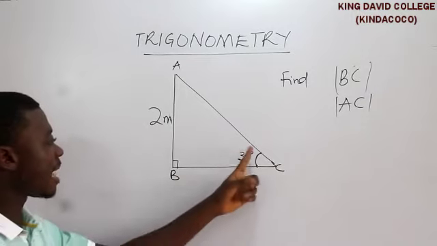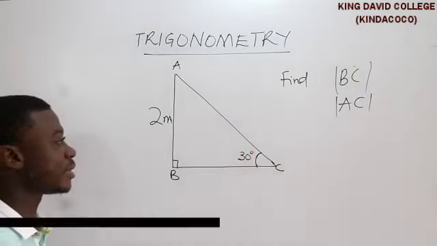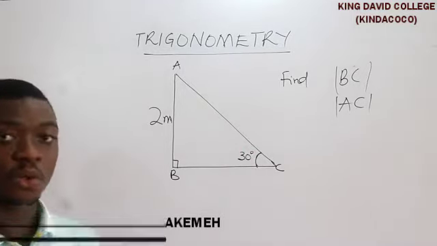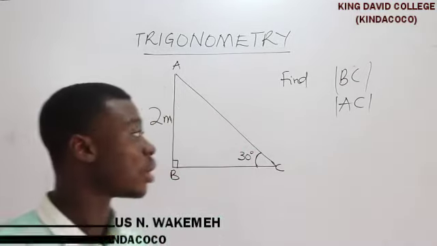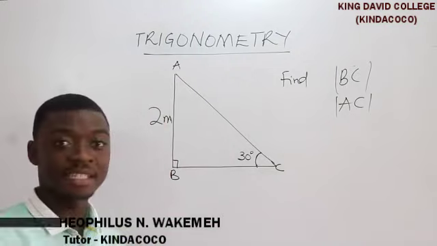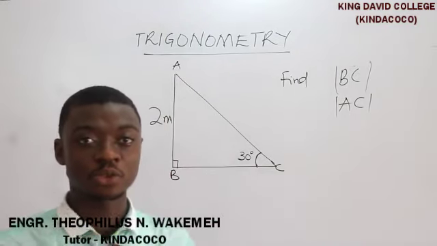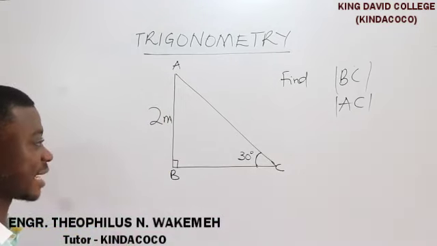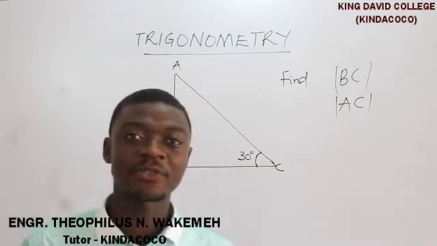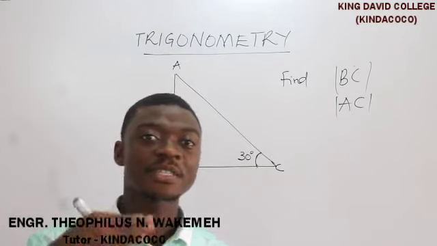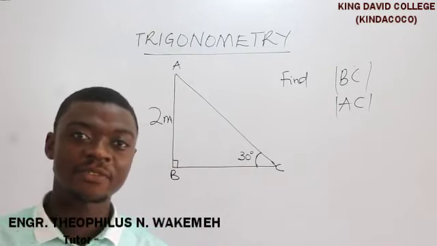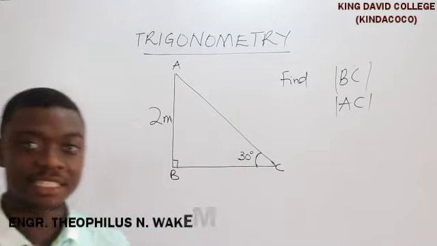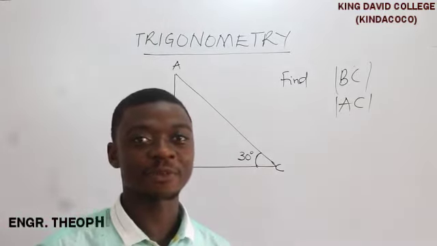Now every angle that is here, we said that we can either use the cosine, the sine, or the tangent, depending on what you want to use. If somebody decides to use cosine, there is a laid down formula for you. If you decide to use sine, there is a laid down formula, and if you decide to use tangent too, there is a laid down formula for you.